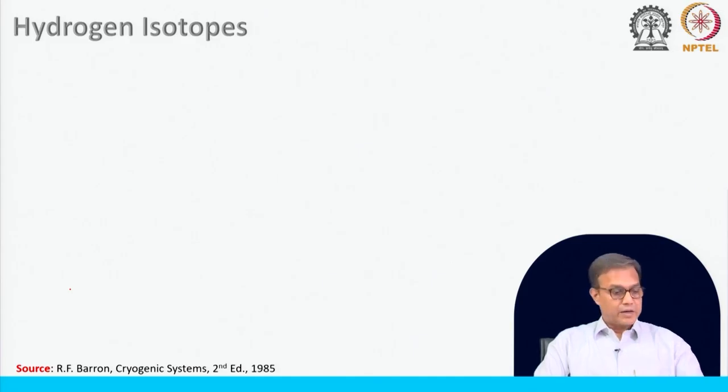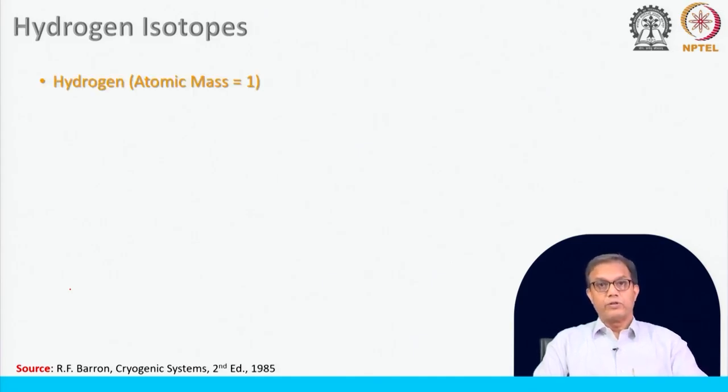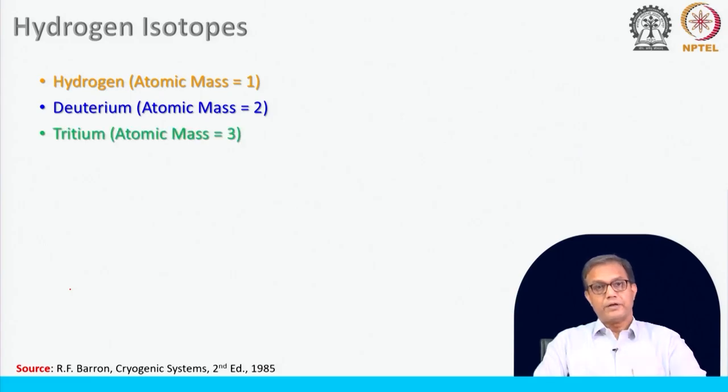As I told you, with atomic mass 1 it is hydrogen, and with atomic mass 2, that means deuterium, one is the proton and the other is a neutron. So, with 2 it is deuterium and its symbol is D.